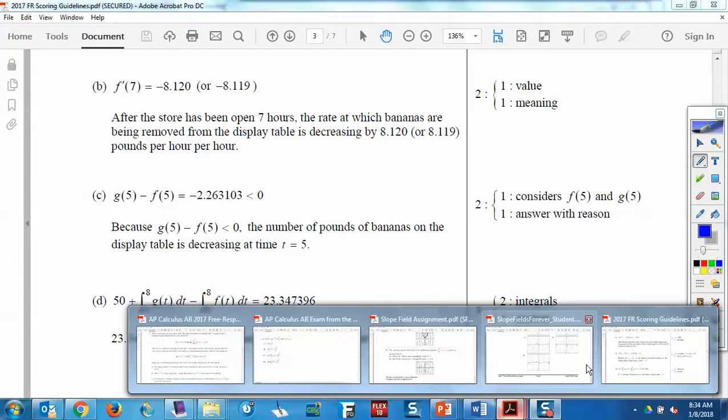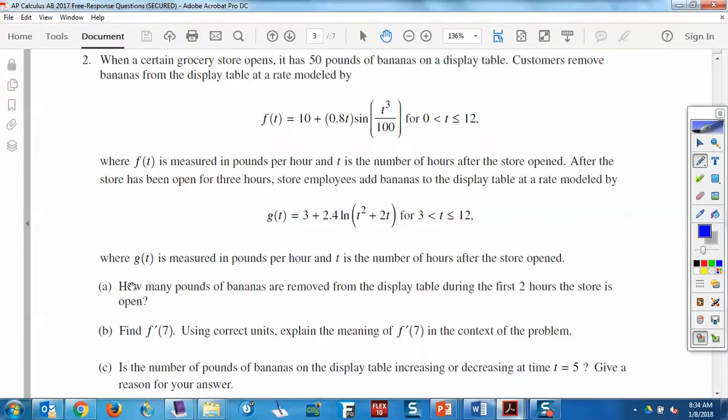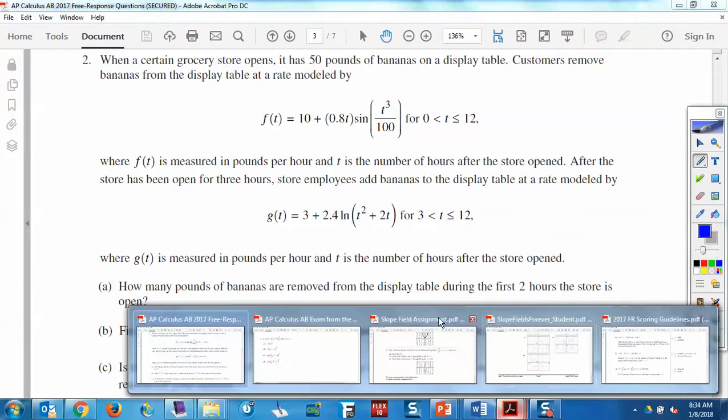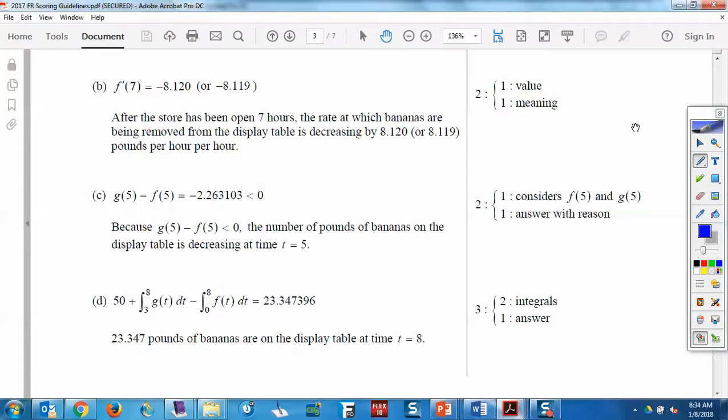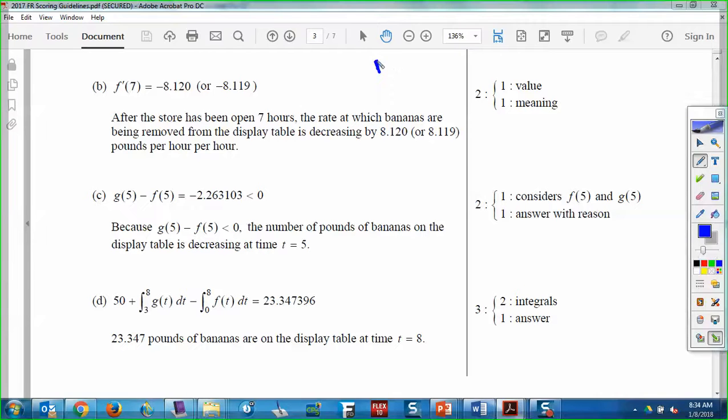Okay, if we go to the question: is the number of pounds increasing or decreasing at time t equals 5? My thought process on that is, this is why I said think of units. If I'm thinking of the chart, I have pounds per hour here.